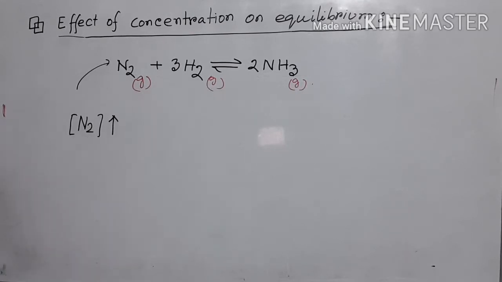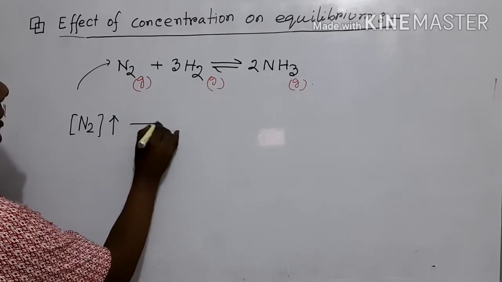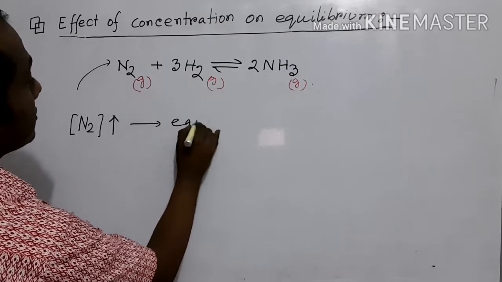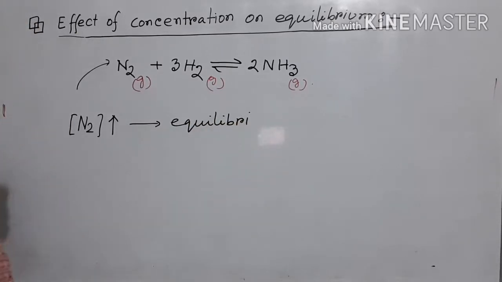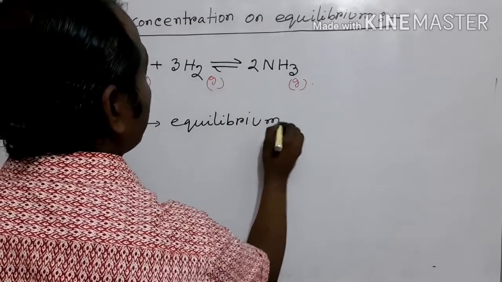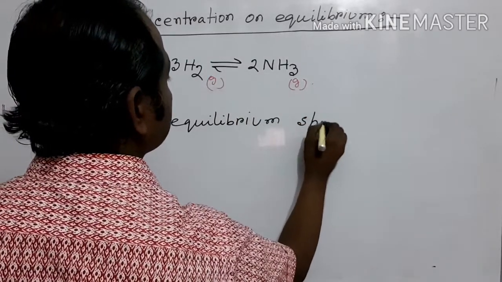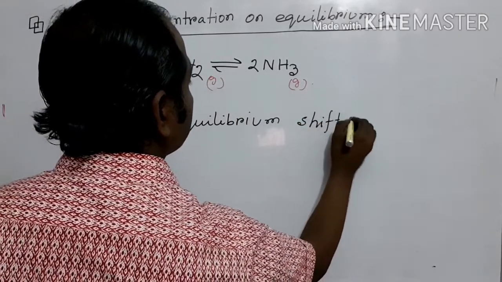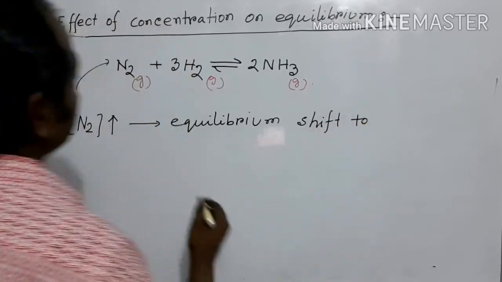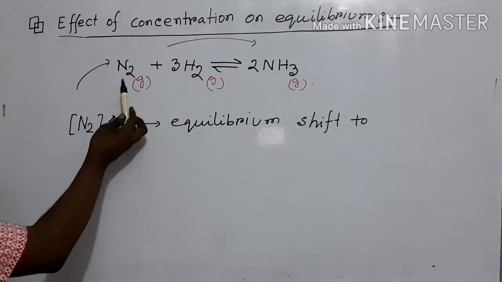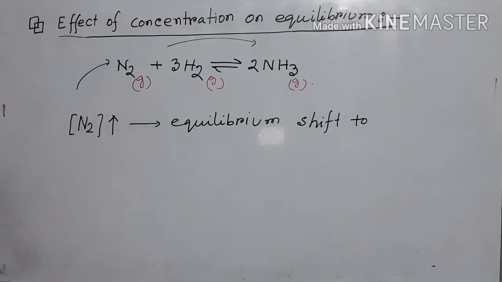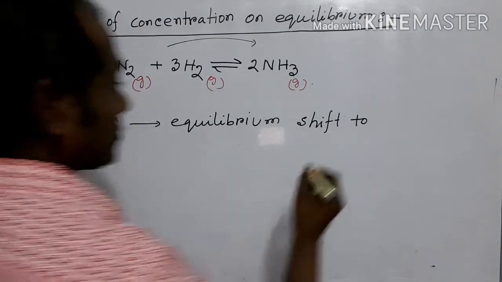Then the equilibrium will try to undo the change, and shift to the forward reaction to decrease the excess concentration of nitrogen.